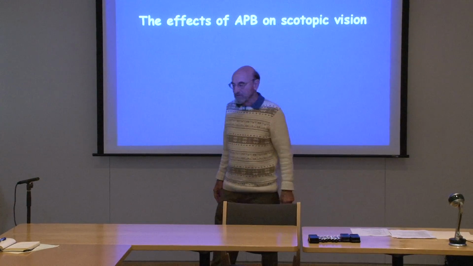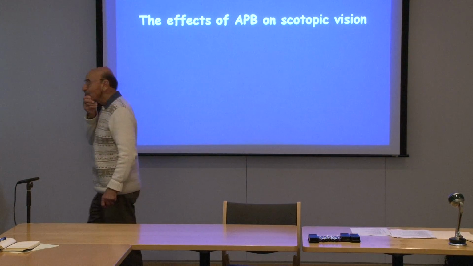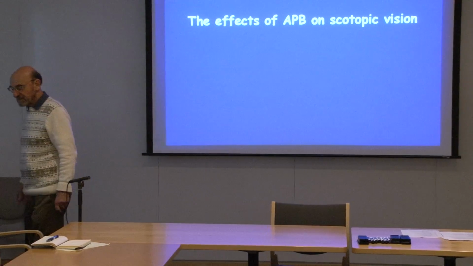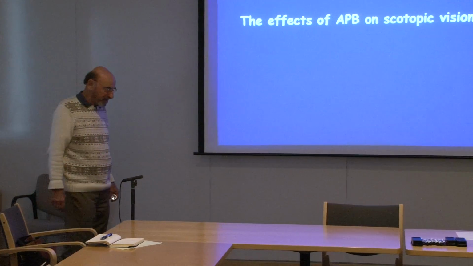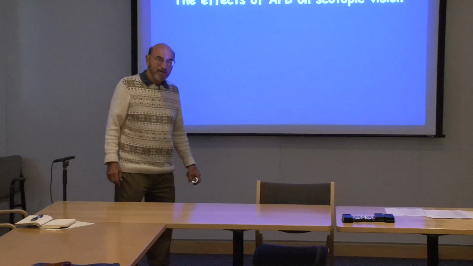Now, we had talked about this before. It was pointed out initially by Schiller that we have two basic classes of photoreceptors, the rods and the cones, and that the rods are for night vision. So now the question is, what happens under night vision conditions?